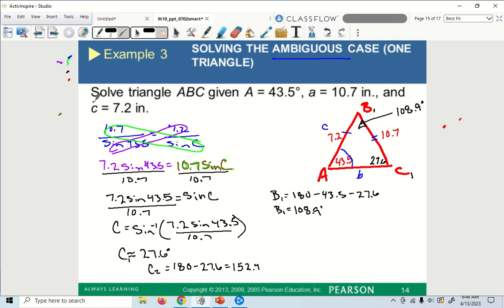So since we have to solve the triangle, I still have to find little b, right? So I'm going to use B1 right here to solve for little b using law of sine again. So let's go ahead and set this up.